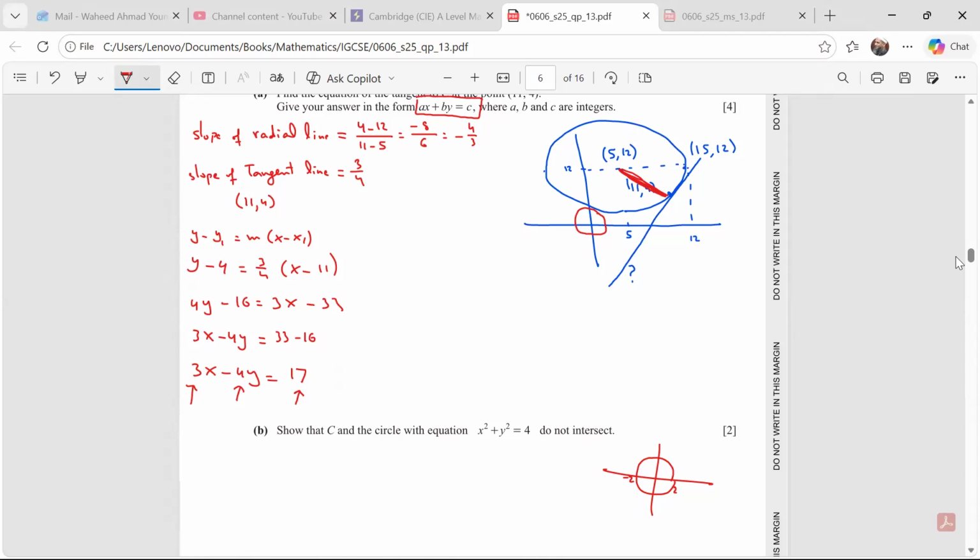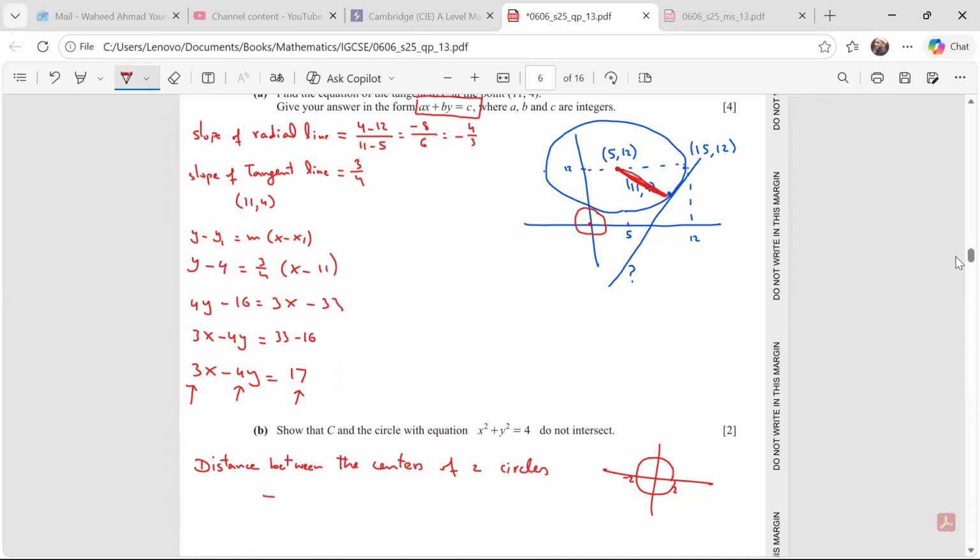Remember the distance between this center and this center. Let me calculate the distance between the centers of the two circles.